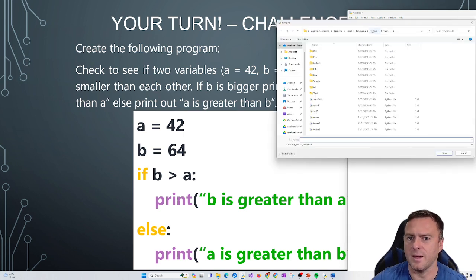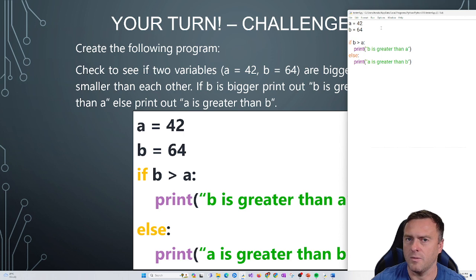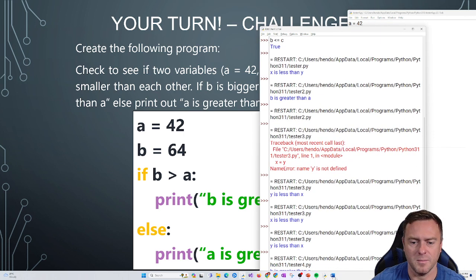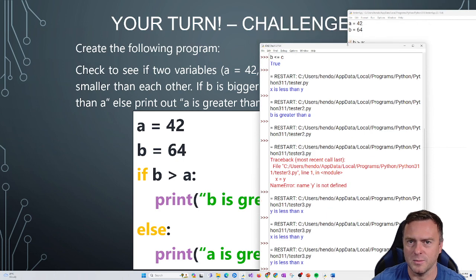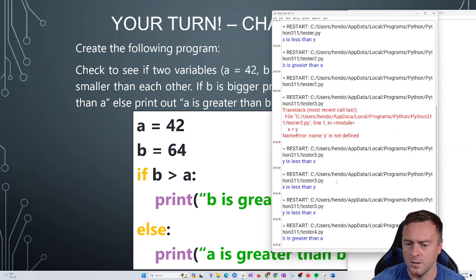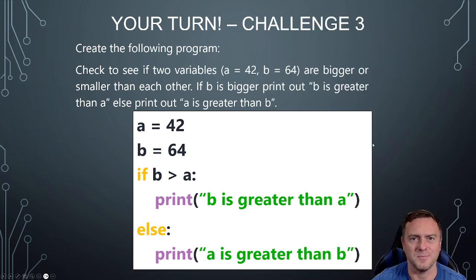Now if we save that and then run it, we got this, which is pretty cool. So b is greater than a, which in this case it is. So 64 is greater than 42.